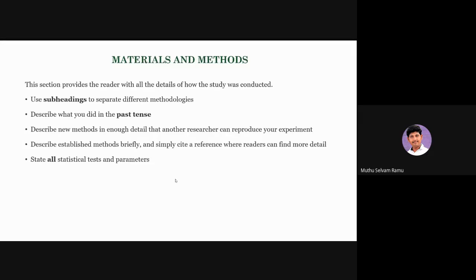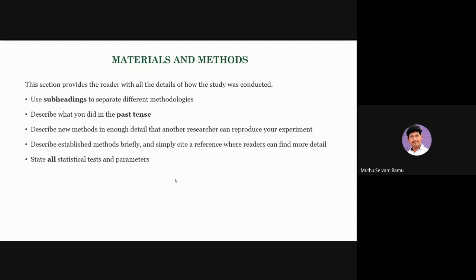It describes new methods in enough detail, but not pre-existing methods. For example, if something is known to everybody or has been established well, like estimating the concentration of DNA, estimating the concentration of protein, macromolecular concentration estimation, some enzymatic analysis, everyone knows these.